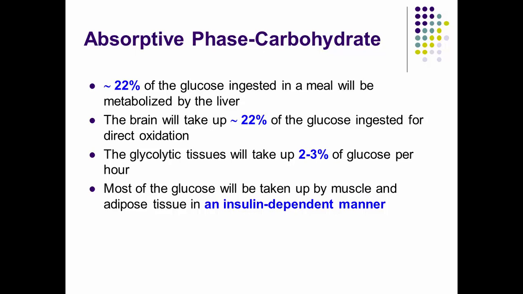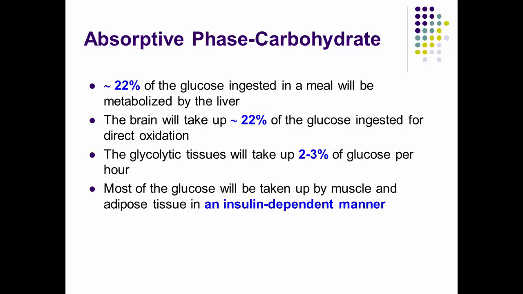The brain oxidizes glucose completely. Other glycolytic tissues take up 2 to 3% of absorbed glucose for metabolism. Most of the glucose is also taken up by muscle and adipose tissue in an insulin-dependent manner.